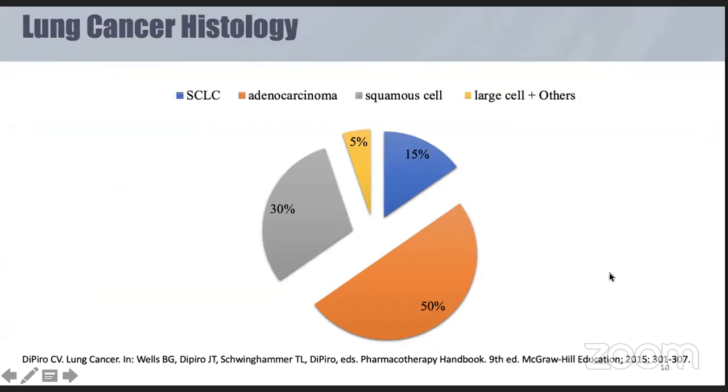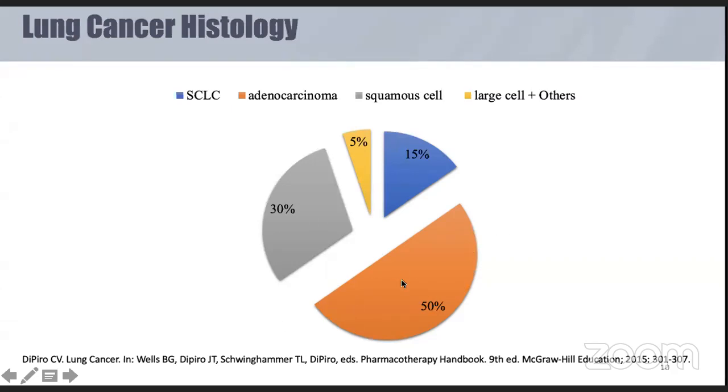Also, in order to understand the management of lung cancer, we should be familiar with lung cancer histology. Small cell lung cancer represents 15% of all lung cancers, and non-small cell represents 85%.